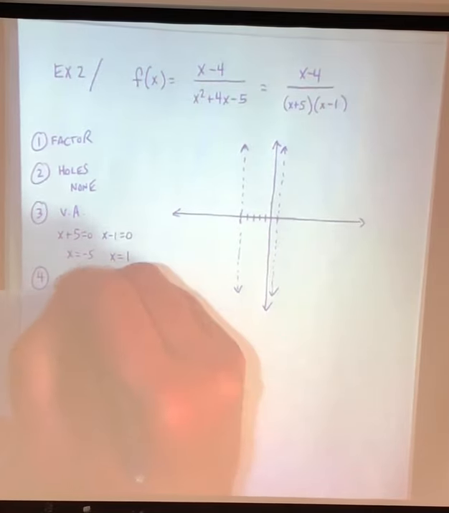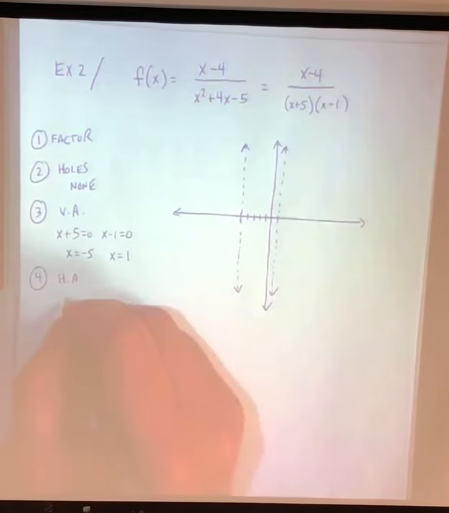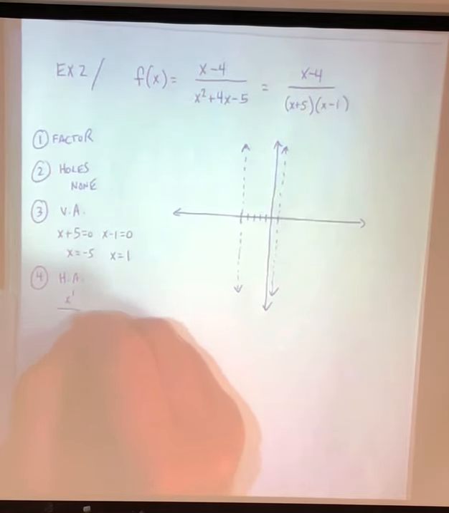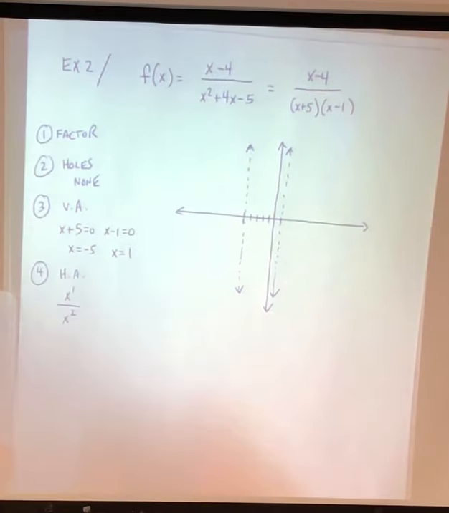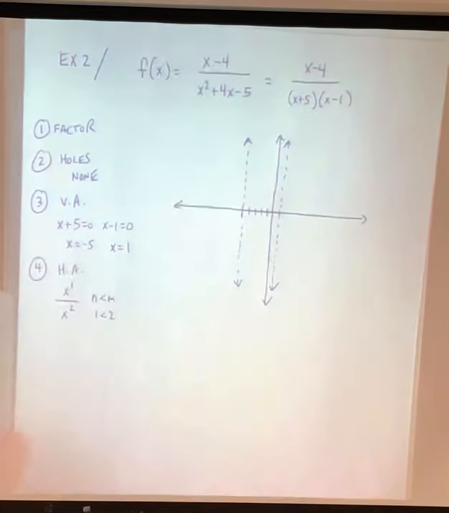We're now going to our horizontal asymptote. As we're looking at the exponents, the top is x to the first and the bottom is x to the second. So in this case, n is smaller than m, since 1 is smaller than 2. So what's that tell us?